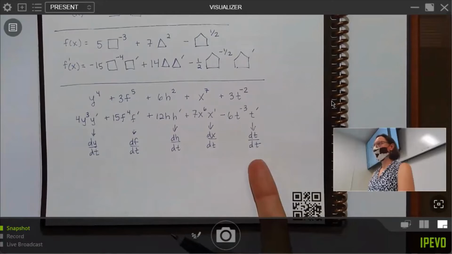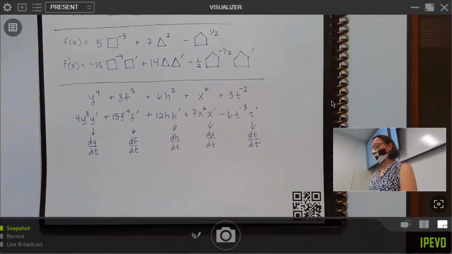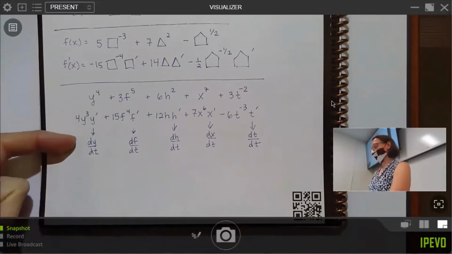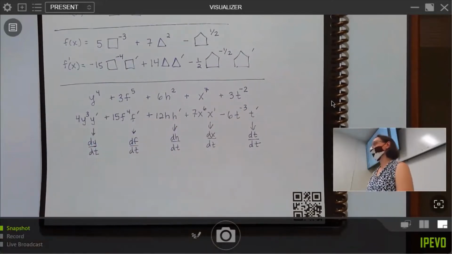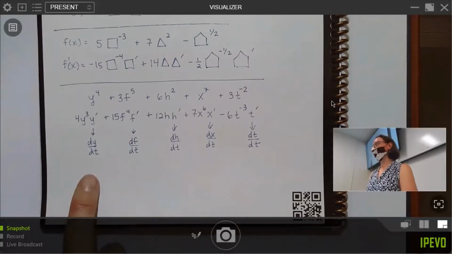Totally. For some other problem, it might be implied that they're all functions of y, which would make this dy dy and df dy and dh dy and dx dy and dt dy. In which case, the one I wouldn't need to write is the dy dy.